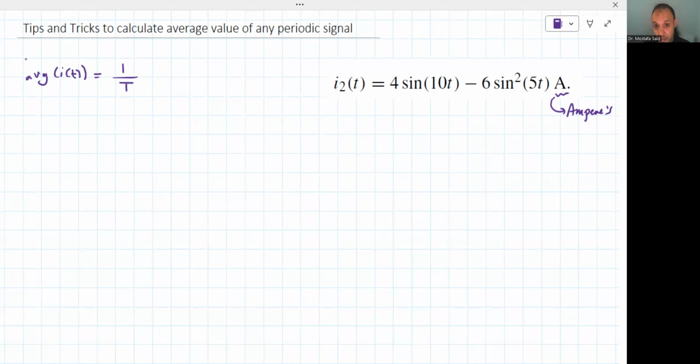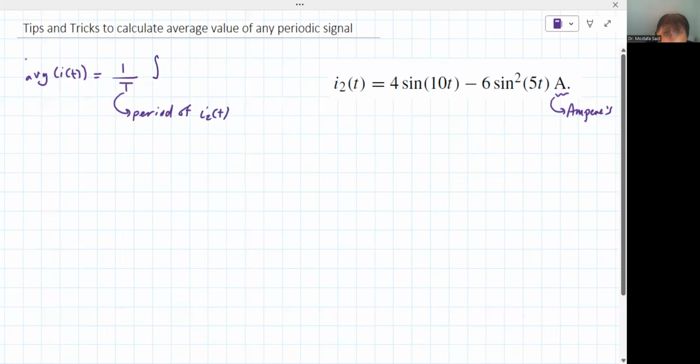So 1 over T, where T is the period, times the integral from 0 to T of I2(t). It's a definite integral. It has limits: the first limit is 0, the second limit is the period. Then the function I2(t) dt.